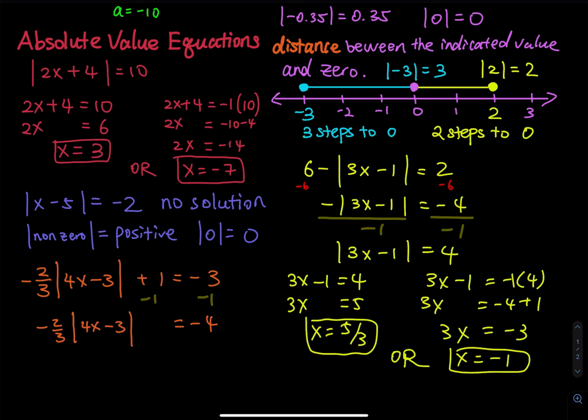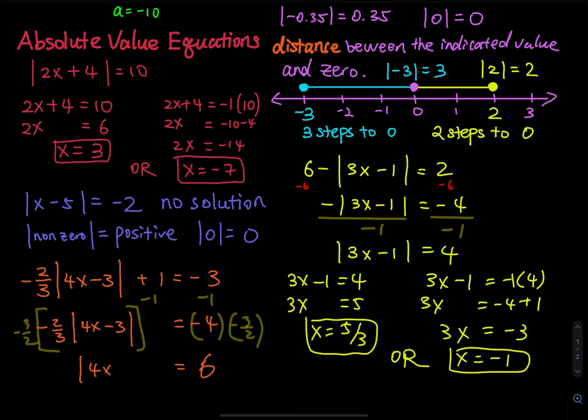How do we get rid of the negative 2/3? You use the reciprocal, so you multiply both sides by negative 3 over 2. On the other side, you have a positive 12 divided by 2, which is a positive 6. And then on this side, the fraction is gone.